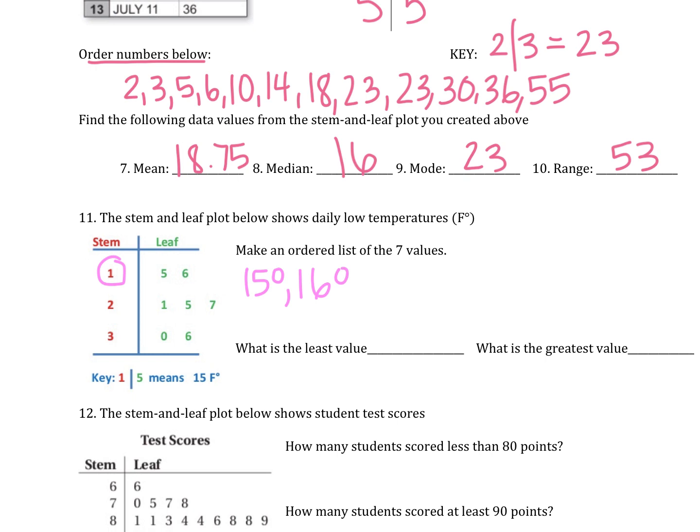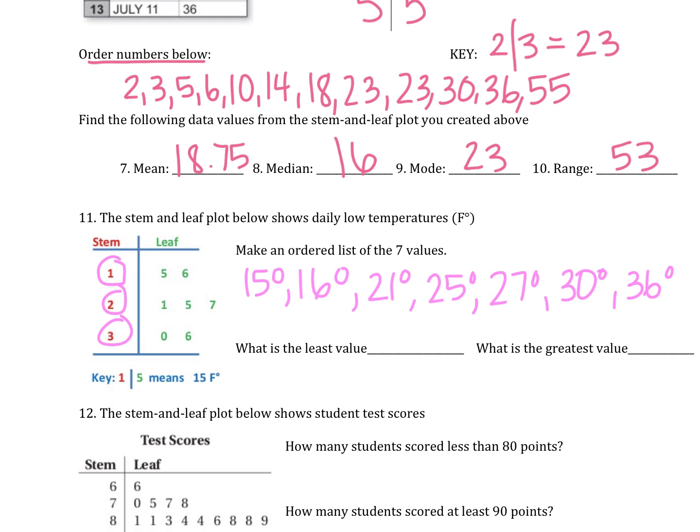And then my next stem is 2 and I have the digits 1, 5, and 7. So that means my numbers are 21 degrees, 25 degrees, and 27 degrees. My last stem is 3 and my leaves are 0 and 6. So that means I have 30 degrees and 36 degrees.